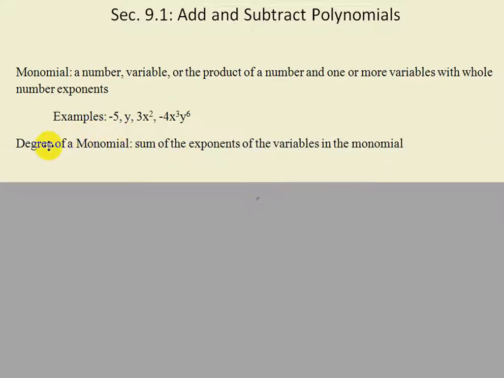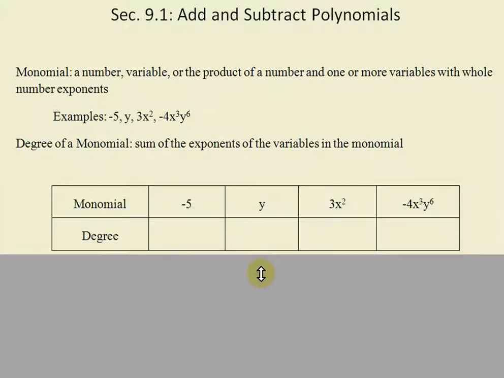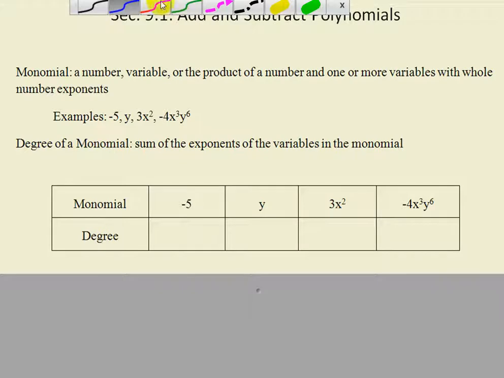Now sometimes we want to talk about the degree of a monomial, and this is the sum of the exponents of the variables in the monomial. So for example, when you look at -5, just a constant by itself, there is no variable. If you wanted, you could say that's -5 times x to the 0 power, but at any rate the sum of all the exponents is 0 because there are no exponents.